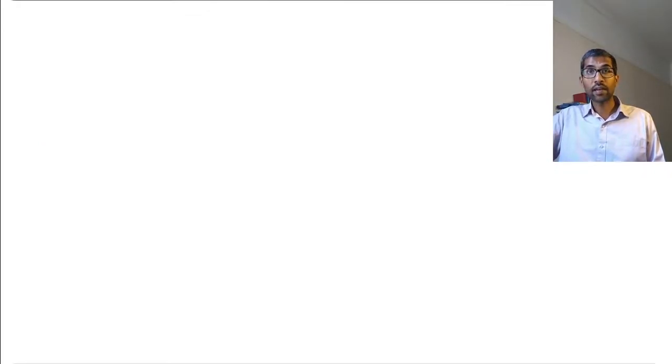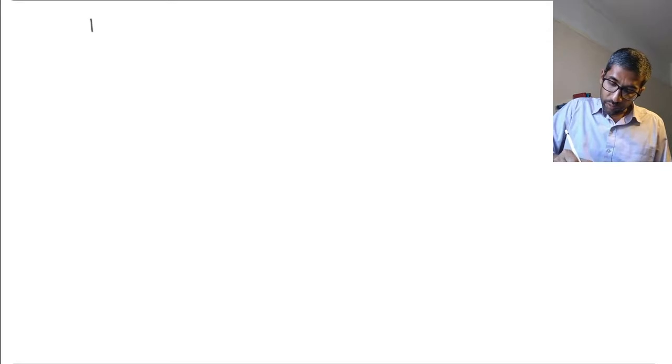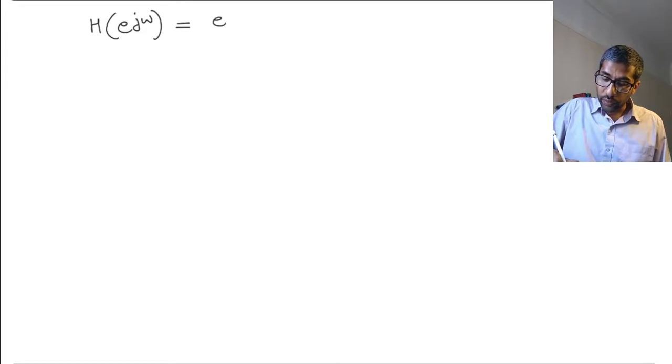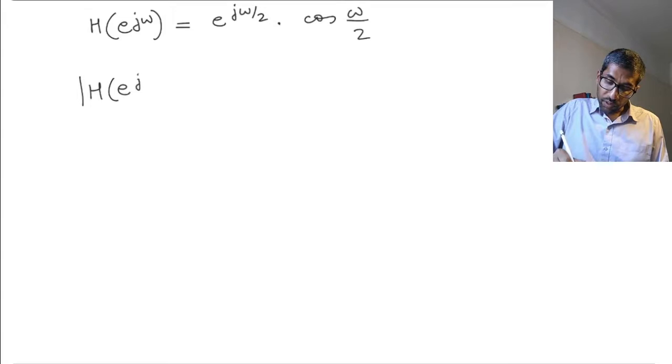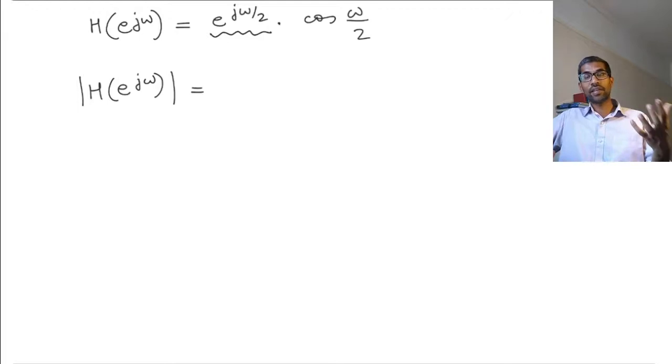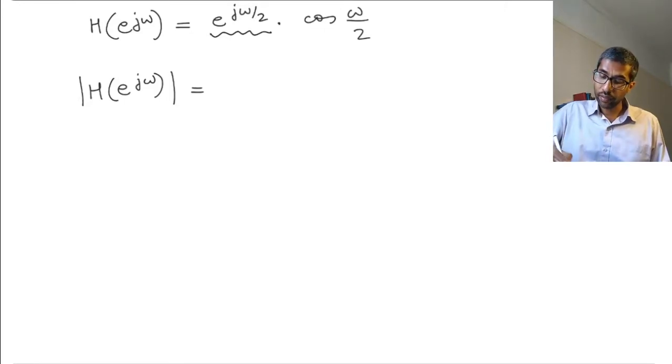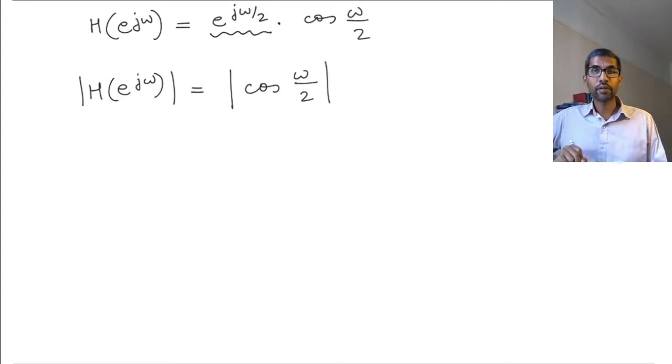So what we calculated was H(e^jω) = e^(-jω/2) times cos(ω/2). If you take the modulus of H(e^jω), this exponential term is basically a sinusoidal signal whose magnitude is 1, so we can ignore that. And what we get is mod of cos(ω/2).